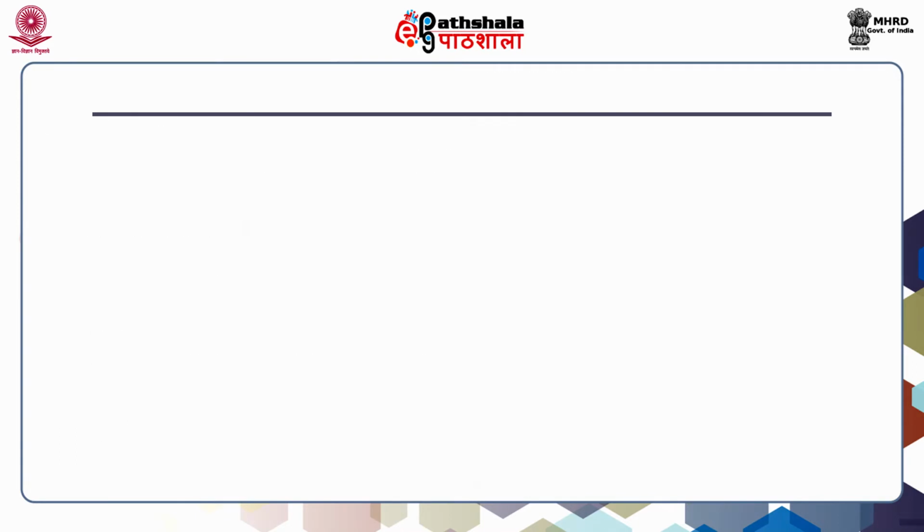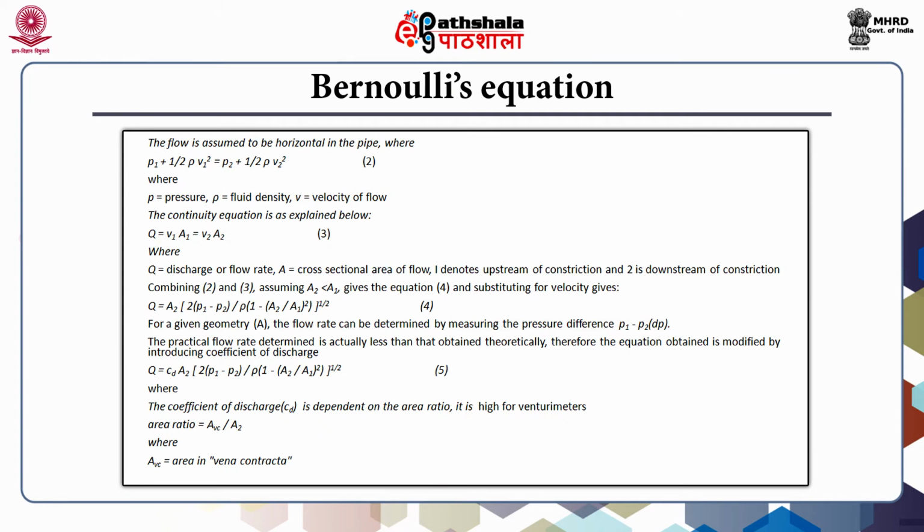Then we have Bernoulli's equation once again, and the continuity equation wherein the velocity and the area: V1 A1 has to be equal to V2 A2. We know V1, which is the velocity in the pipe before the constriction, and that has a certain cross-sectional area A1, and after the constriction there is a velocity V2 and a cross-sectional area A2.